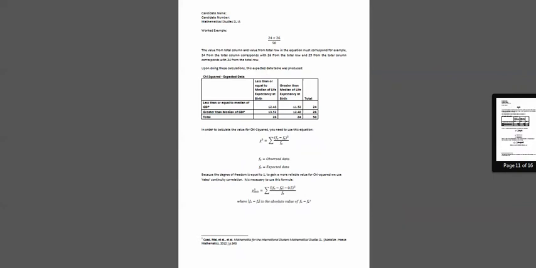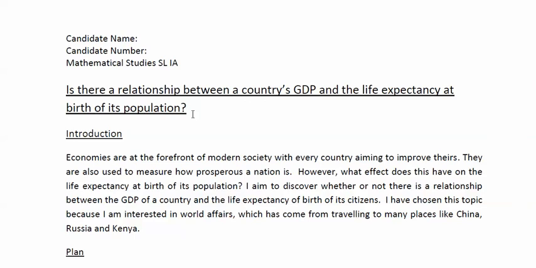Now, this is just a PDF copy of the project, but the paper copy that was handed to me had a title page as well. That's just to jazz it up, and I think he put it in one of those plastic folders as well. You don't need to do that because I take it out of the plastic folder and hand the whole thing in a plastic wallet with the instructions on the front to the examiner anyway. But it's up to you what you include, but make sure you include footnotes, a bibliography, and you reference things correctly.